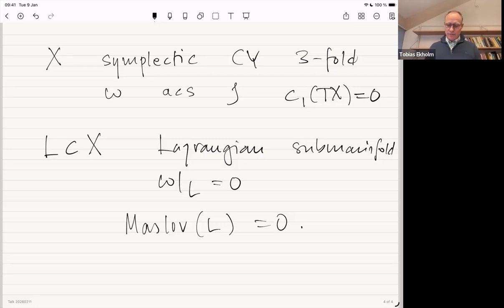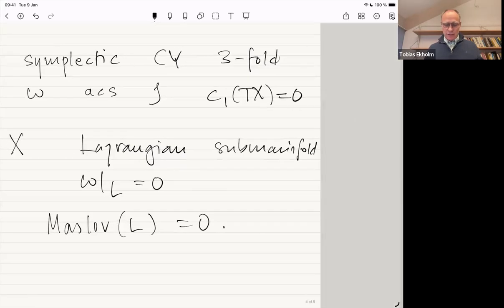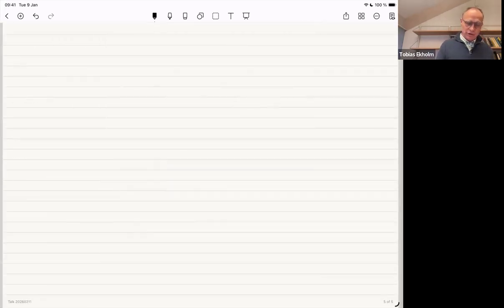In general, and I'm going to write a dimension formula soon, we could think about the same setup where we have a manifold of dimension 2n which is symplectic, and an n-dimensional Lagrangian. What we are going to do is look at holomorphic curves.